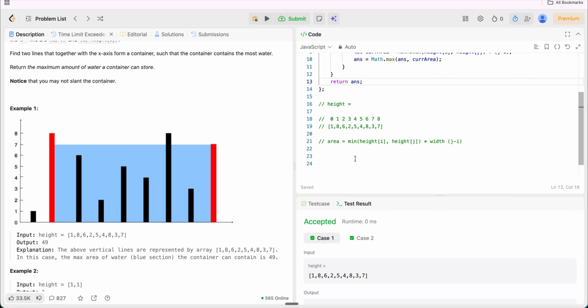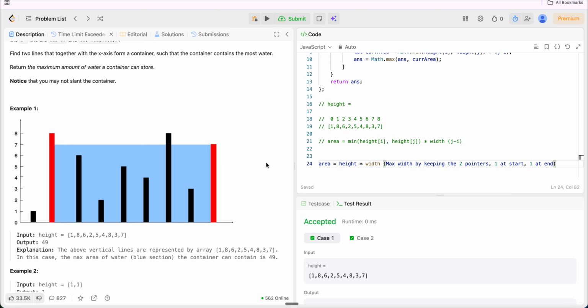So in the area formula, we have height and width. Basically we are taking the maximum width by keeping two pointers, one at the start, one at the end.